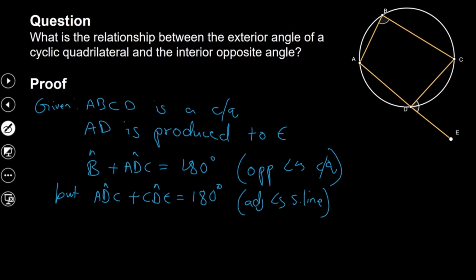I do know that if I add this angle here and that angle there, they must give me 180 because it's a straight line. So both of them mean that B plus ADC is equal to ADC plus CDE. And the ADC and the ADC are one and the same thing.